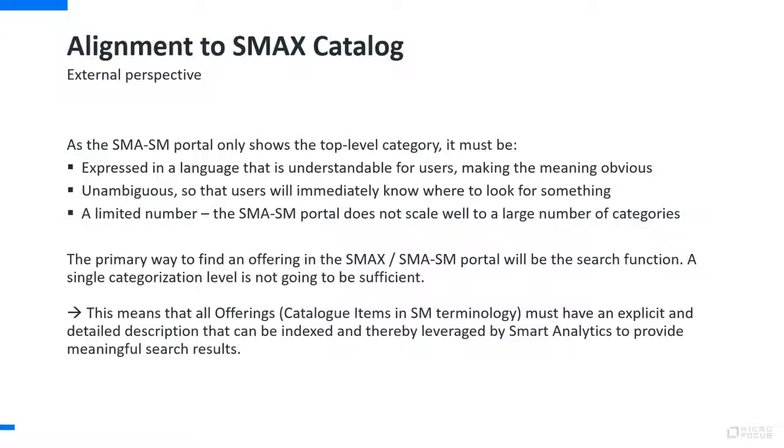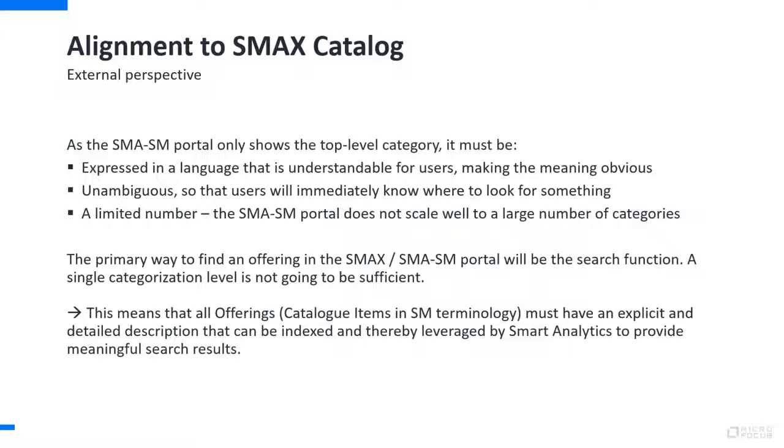That's the tiles and the square boxes that you see on the portal. So one thing, and this is already generically true, is that that level should be written in a way that an end user understands. This should not be an internal technology description of the category. It should be expressed in a language that is understandable for the user. It should be clear.